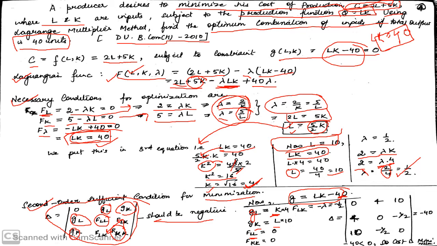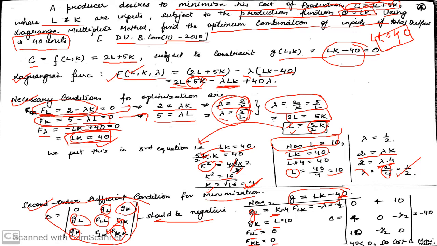This we need to get, FLL. This will be 0. We need to get FKK. It means again we need to differentiate with respect to K. So this becomes 0, right?